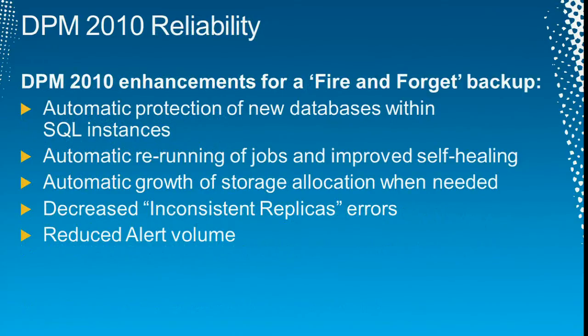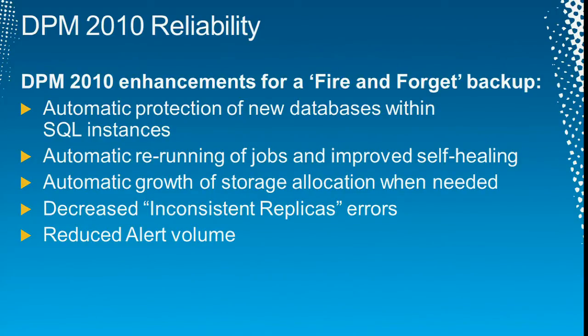What about reliability? Those still using 2007? Yeah. No automatic protection of SQL instances. No automatic rerunning of the jobs and self-healing. If something goes wrong, the administrator needs to go check and do the thing. With DPM 2010, we have an engine that will do an automatic rerunning of the jobs and try to self-heal itself.